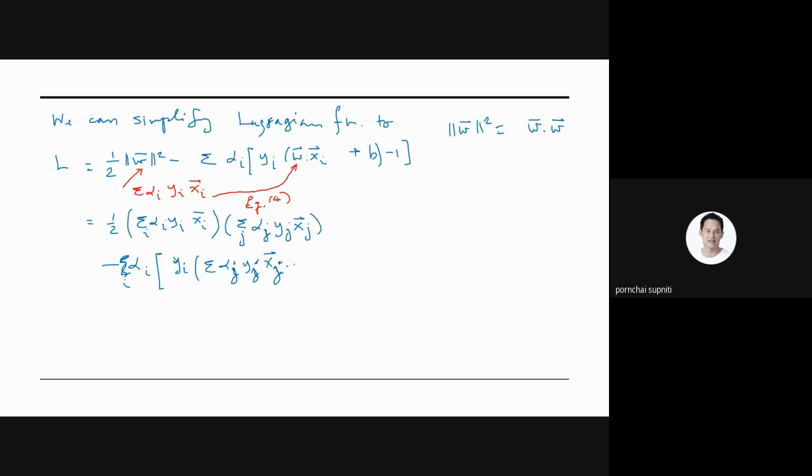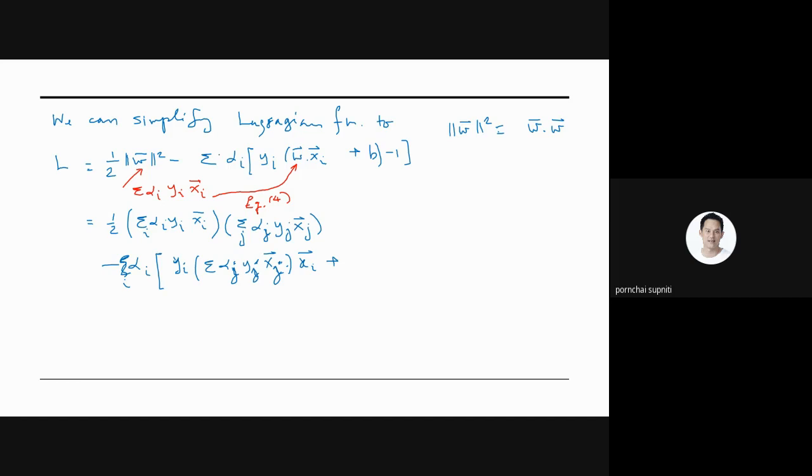Whenever we have two summations multiplied together, we change one term to a different index, so that it is easier to see, and multiply with xi.